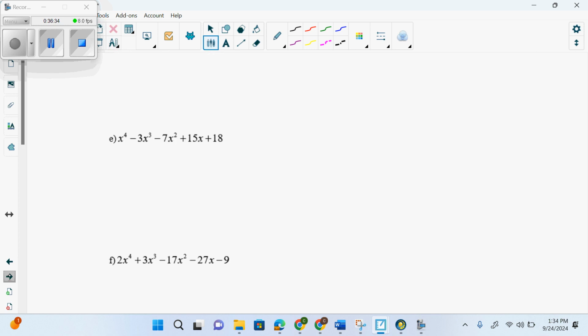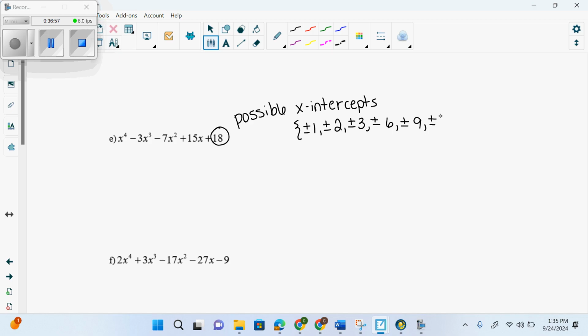So let's look at this one. This one has possible x-intercepts that are the factors of 18 this time. So plus or minus 1, plus or minus 2, plus or minus 3, plus or minus 6, plus or minus 9, plus or minus 18.